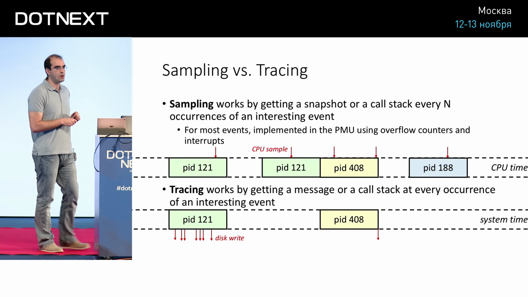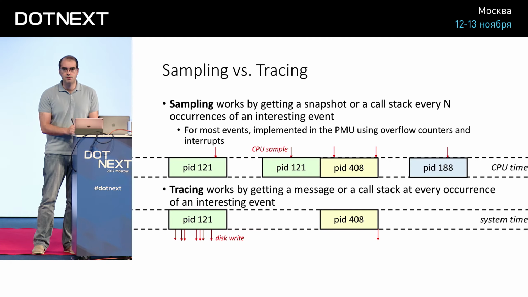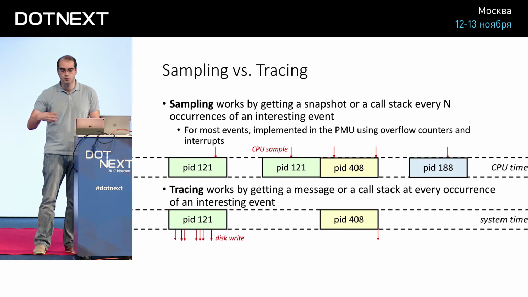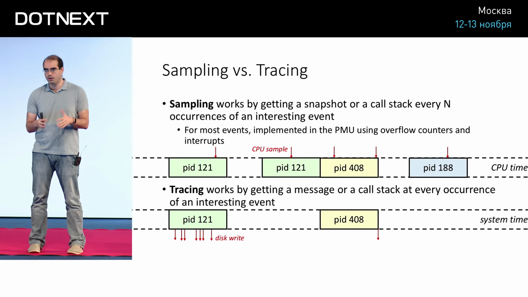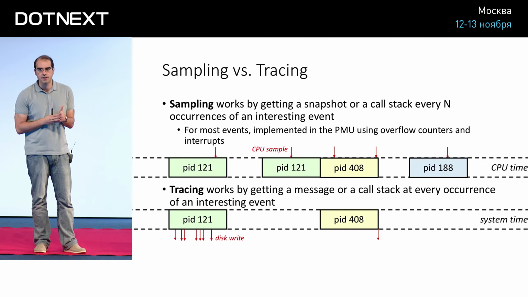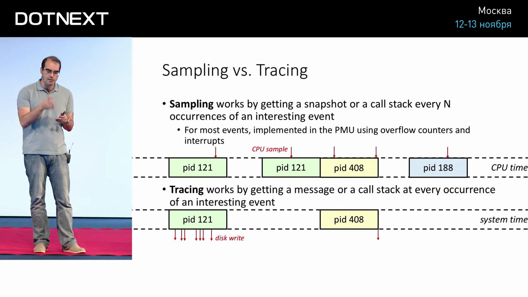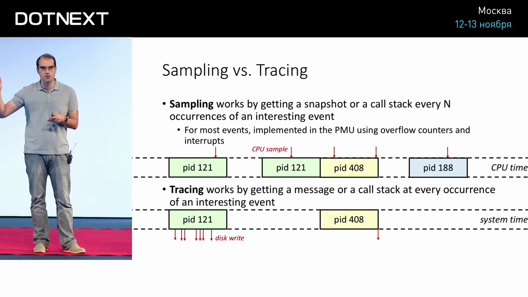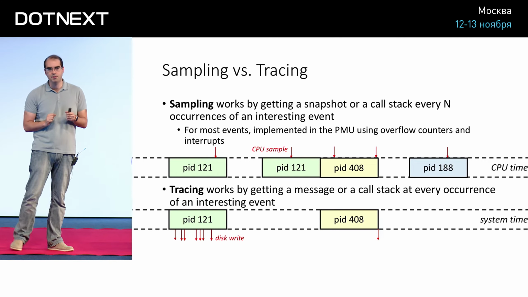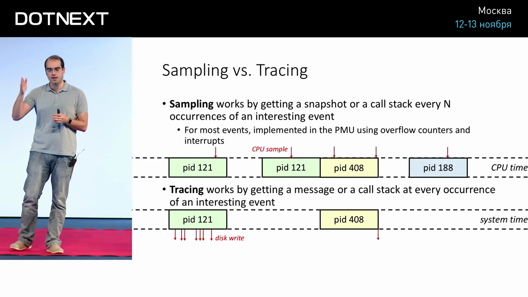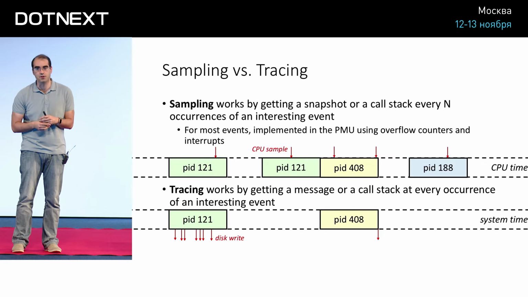And the second thing I want to mention is the distinction between sampling and tracing tools, which will come up during the presentation. When we say sampling in the performance profiling context, we mean looking at samples of what the system is doing over time, not tracing every single thing that's happening, but looking at samples at predefined time intervals, for example.